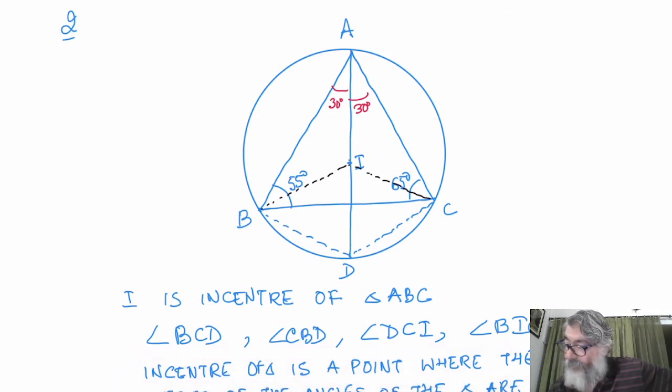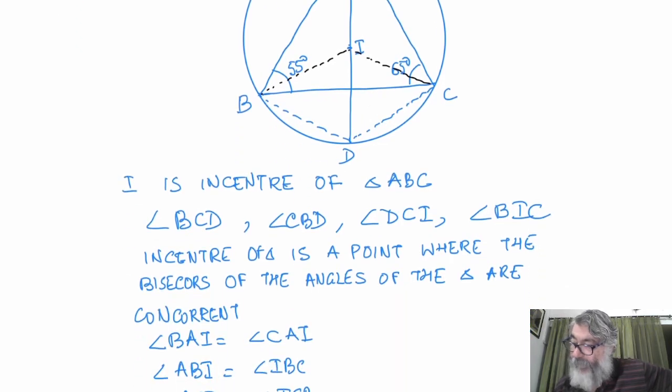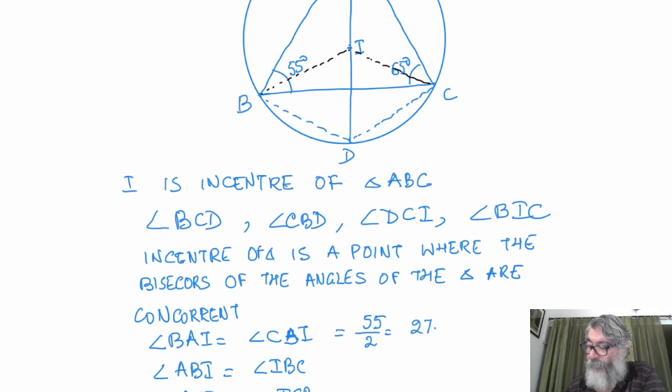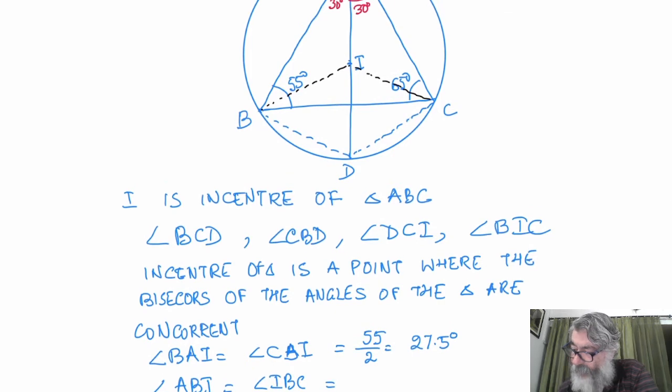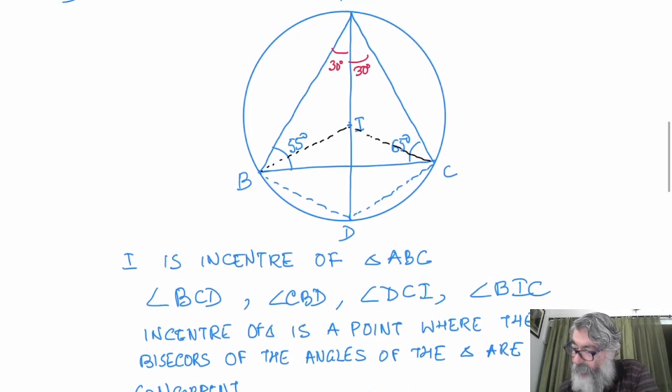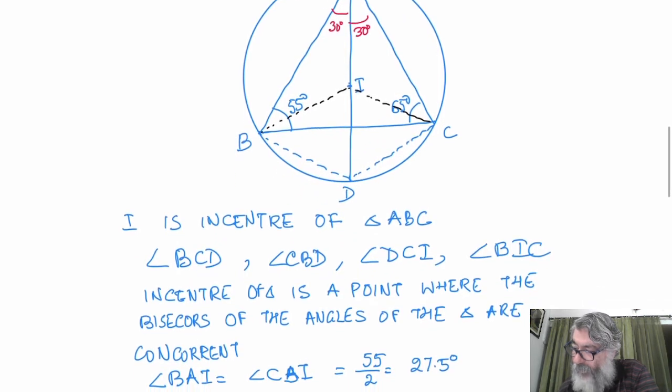Now similarly, we had said that BAI is equal to CAI, and ABI is equal to CBI, which will be 55 upon 2. 55 upon 2 means 2 2s are 4, 2 7s are 14, 2 5s are 10, 27.5 degrees. And ACI is equal to ICB.